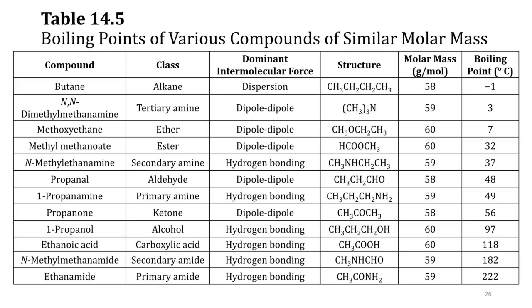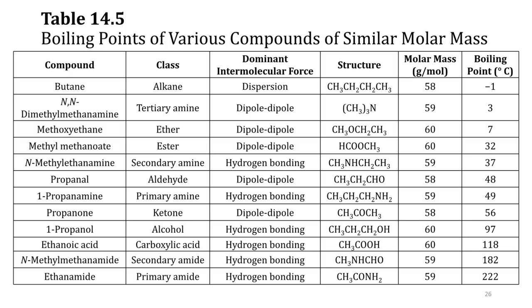Methoxyethane, being an ether, has a slightly higher boiling point. The ester, methyl methanoate, has only dipolar forces, but it has more dipolar forces, and so it's a higher boiling point.